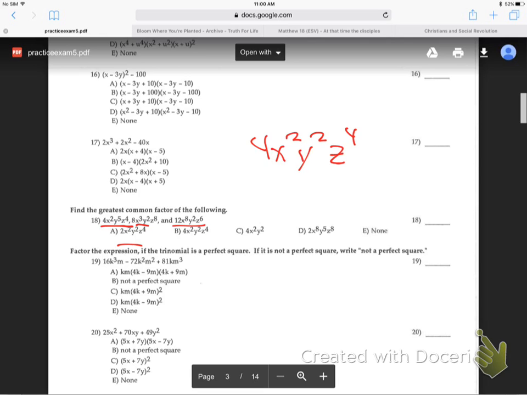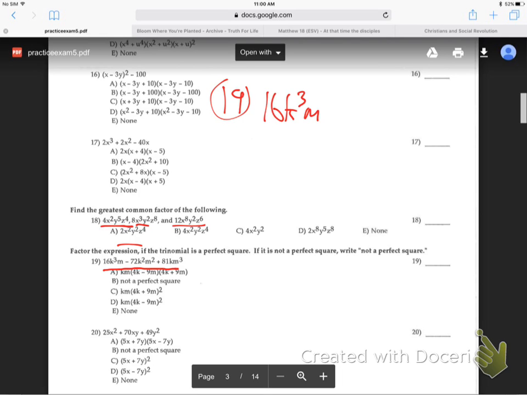19. Factor. Yeah, so 19. We're looking at that one. Here, I'm going to move it up here. I'm running out of room. Number 19: 16k to the third m minus 72k squared m squared plus 81km cubed.